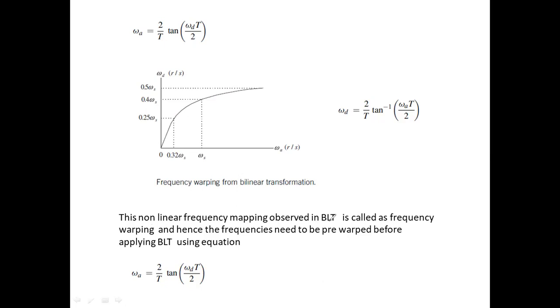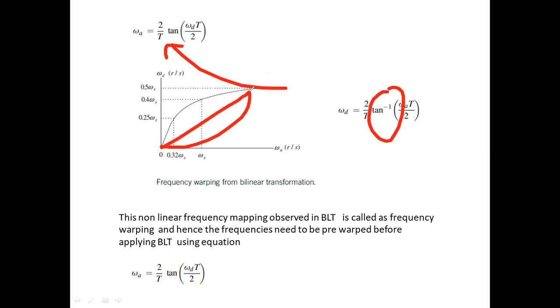How do we do this? See here, a tan is a function of the problem, right? So the moment we take our analog frequencies for the design, first we apply a tan. When you take tan with tan inverse, you get the value itself, so the entire thing is nullified.